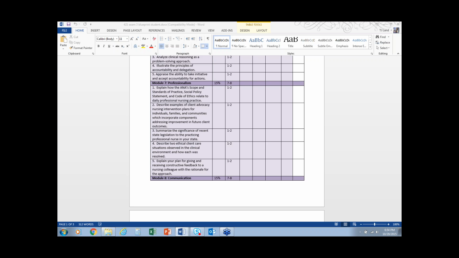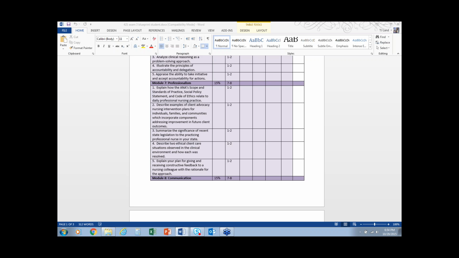Essentially, this says that you need to be able to understand the responsibility to be aware of, knowledgeable of, and adhere to all aspects of the current laws and the relevance to their practice. Sorry, I skipped one. The advocacy component.